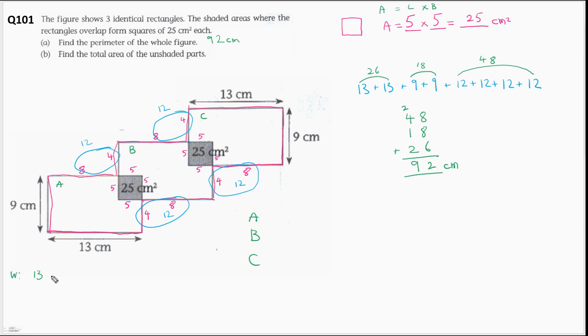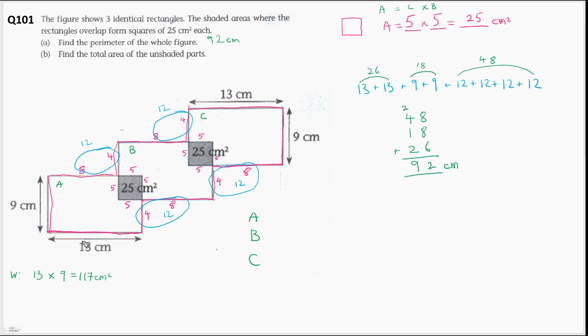So we've got 13 times 9, okay? And 13 times 9 is going to give us 117 centimeters squared, because this is in centimeters. So actually, I can use this for all of our calculations, right? Because all of these rectangles are the same.